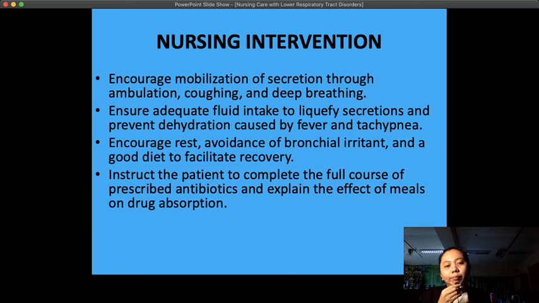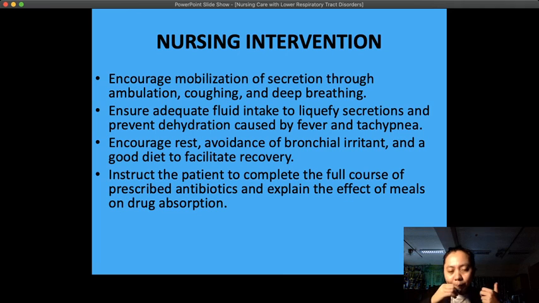Okay, so nursing intervention. So encourage mobilization and secretion through ambulation, coughing, and deep breathing. Okay, to loosen the sputum inside.